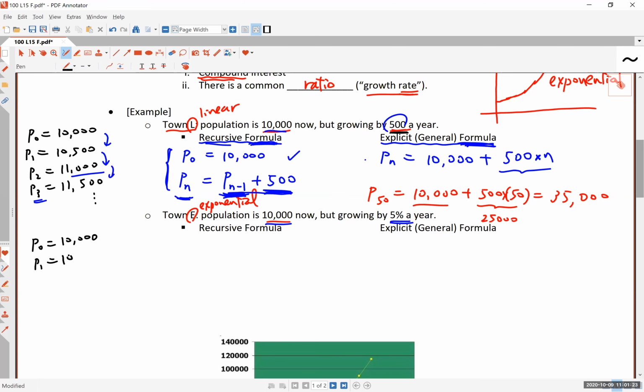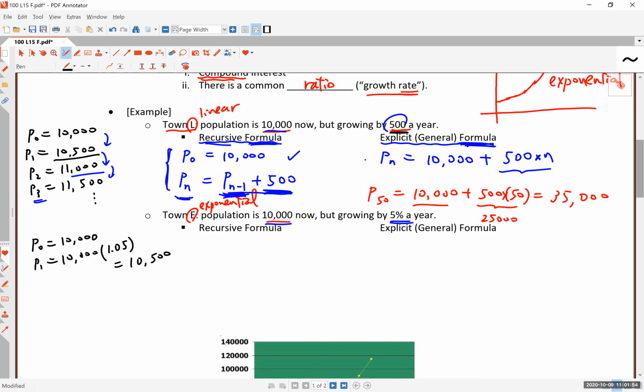First year, how do you get the new number? Well, if it's a 5% increase, remember what happens? If you add 5% to any number, you get 105% of the current number. So you basically multiply this by 1.05. Remember that? And of course, this will be 10,500, just like the number here.